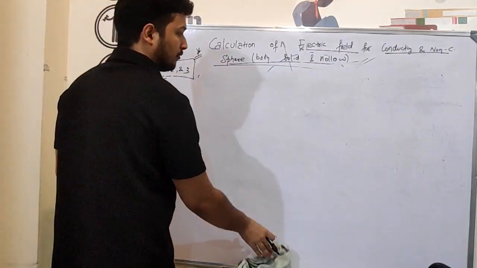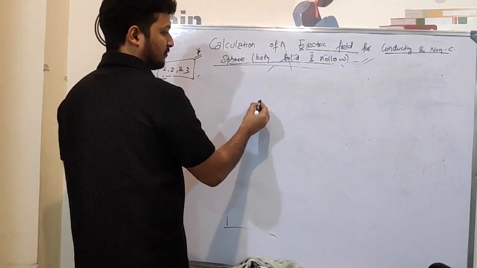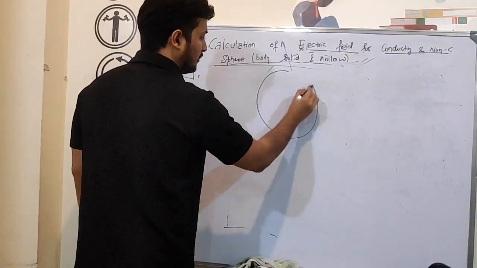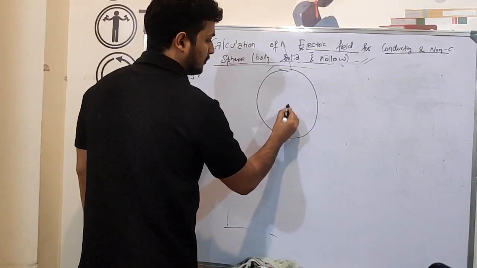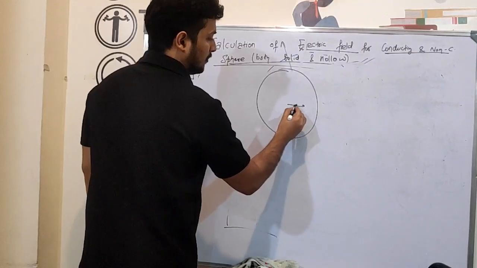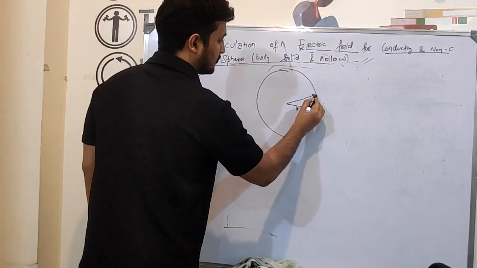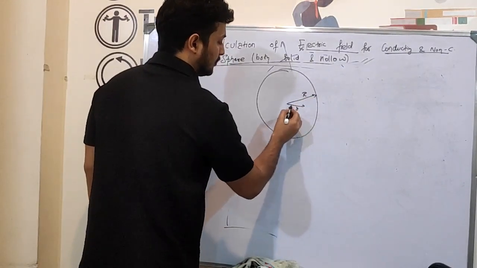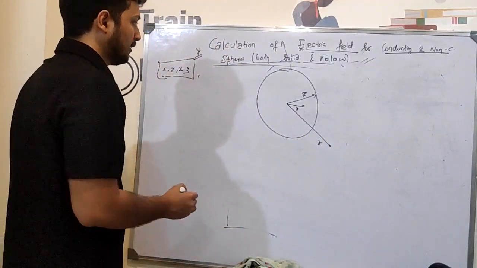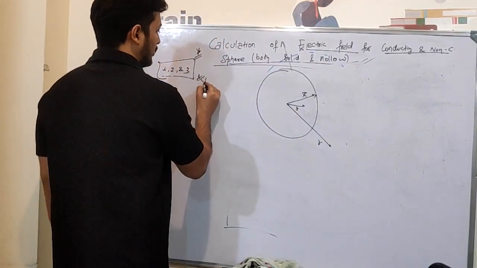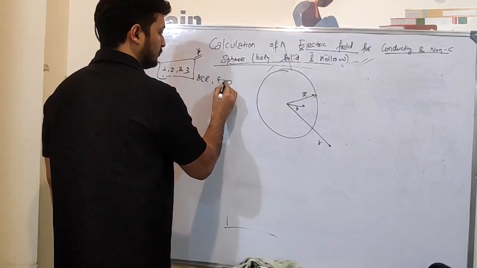So if this was my sphere, and these were different points, say this point was at a distance of capital R, or this point was at a distance of small r. What we have just seen: for r smaller than R, electric field was 0.